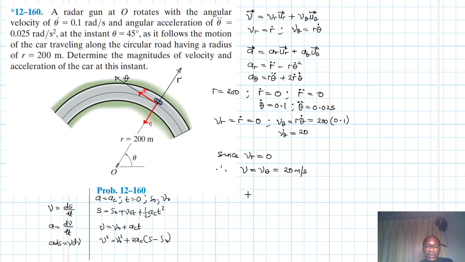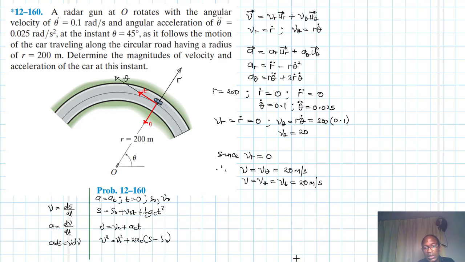So this is the magnitude of our velocity, and we can also write this v_theta as v tangential, which is equal to 20 meters per second. Okay, great, so we are done with the first step.